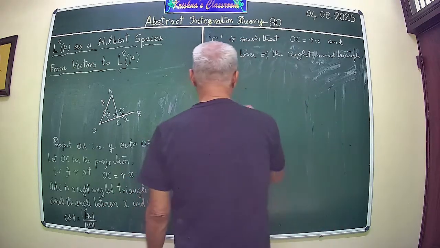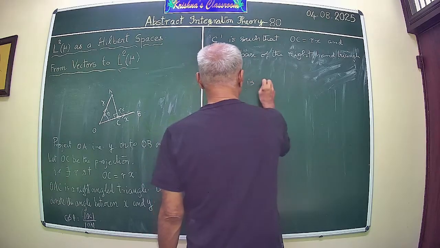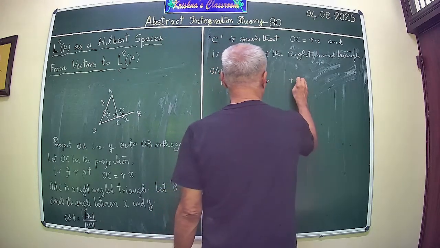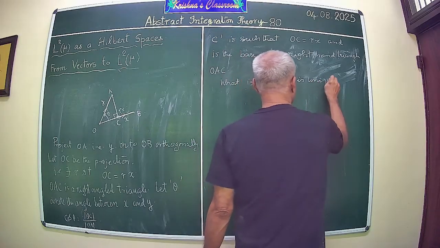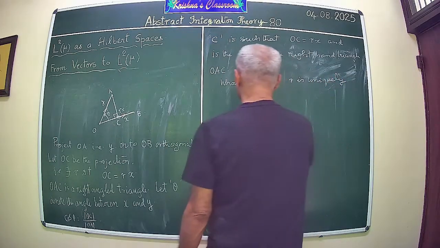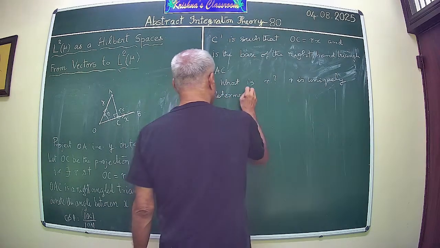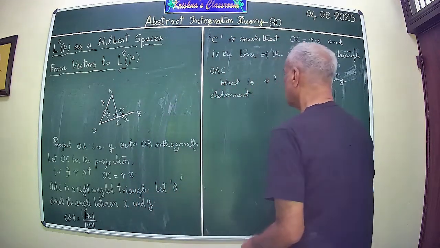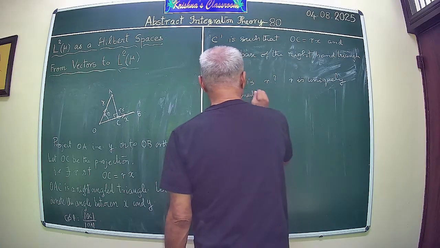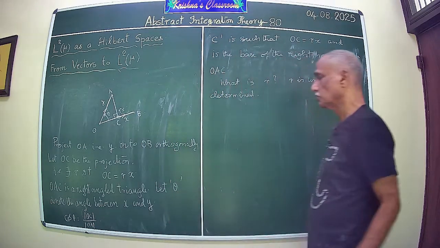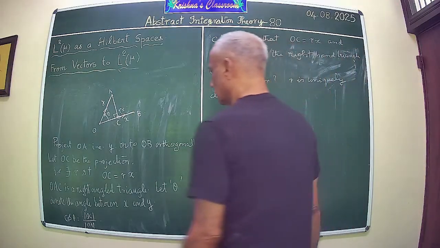So what is R? R is uniquely determined. How is it?